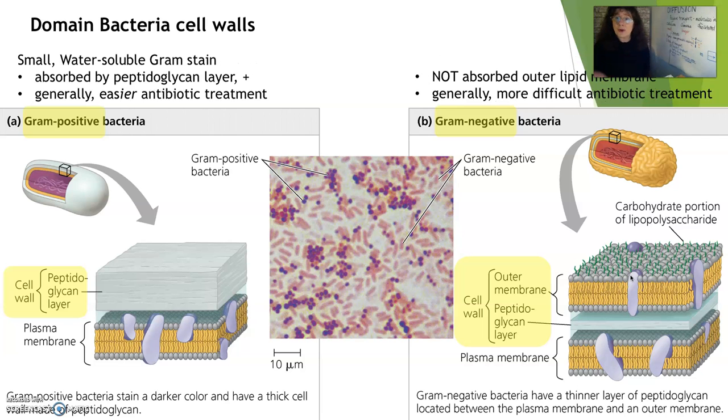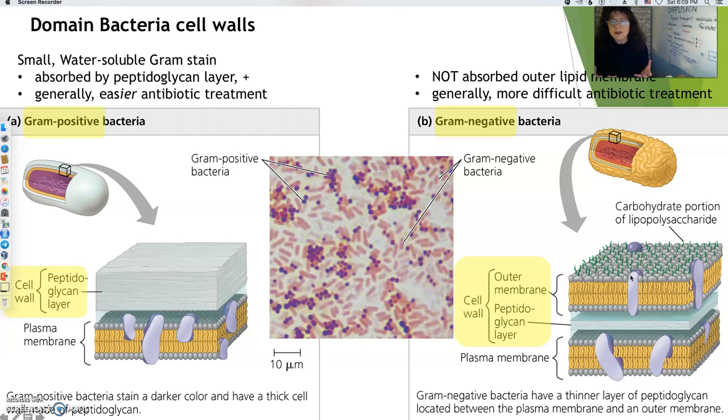When we talk about gram staining, which has only been known since the late 1800s, staining is a decisive way to divide your unknown bacteria into one of two camps. Either the bacteria absorbs the water-soluble gram stain material, which is called violet.